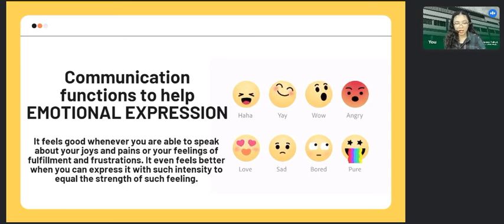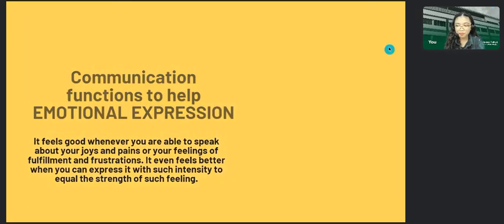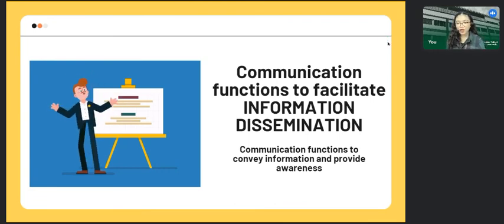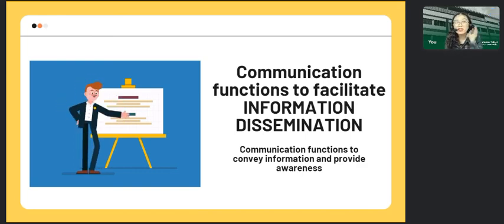Next, last, we have communication functions to facilitate information dissemination. Communication functions to convey information and provide awareness. In this function, it is about disseminating information. You are giving a large number of people the information you want them to have.